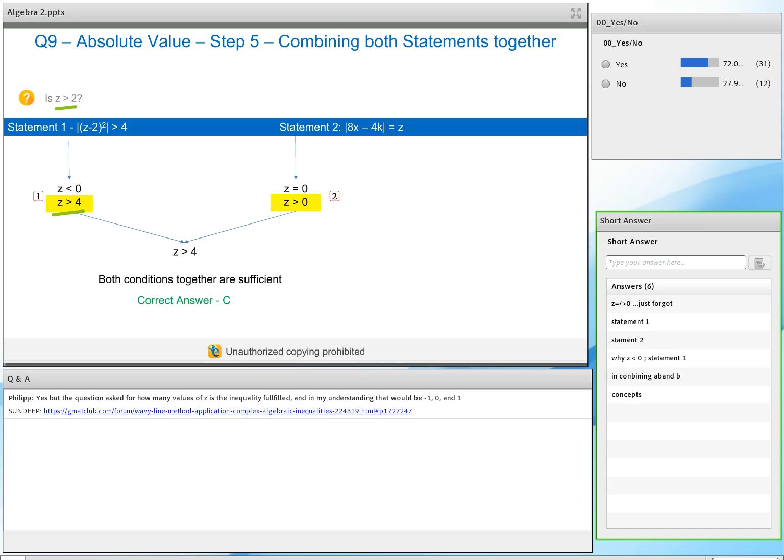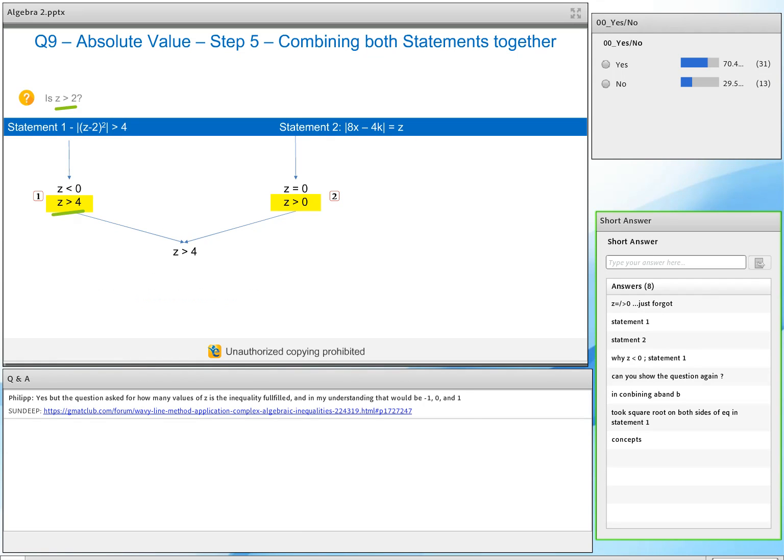That's why whenever I say that understand your concepts, I don't just mean 100% understanding. I mean 200% understanding of the concepts. Saying that mod of a number is positive, that's not correct. Mod of a number is always a non-negative number.